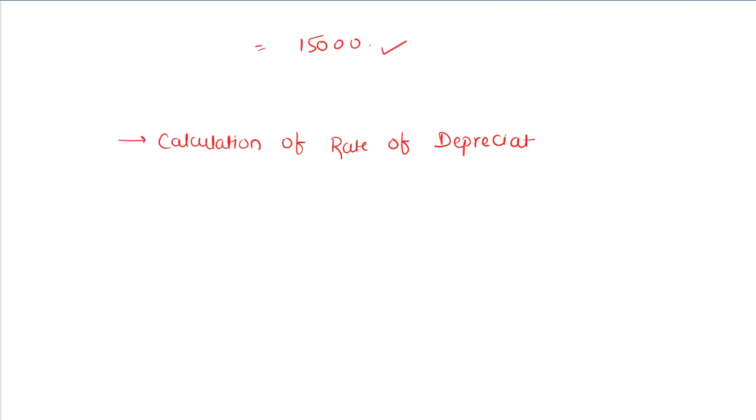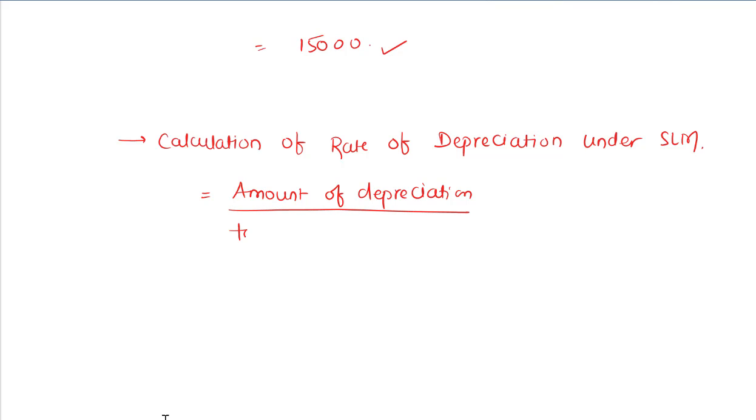Calculation of rate of depreciation under straight line value method equals amount of depreciation divided by total cost of asset multiplied by 100.